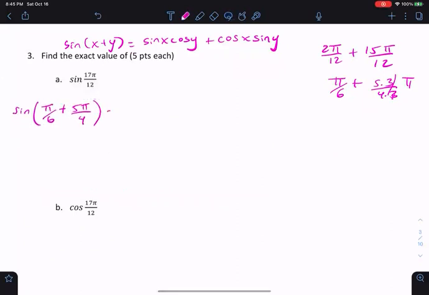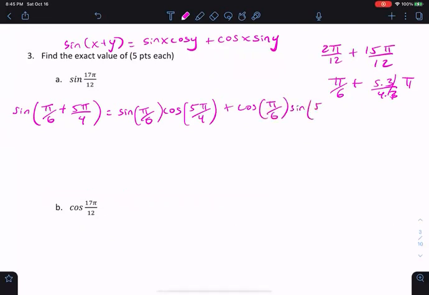So this is the same thing, right? Sine pi over 6 cosine 5 pi over 4, and then this is going to be plus cosine pi over 6 sine 5 pi over 4. Now you just replace those values, whatever they are.